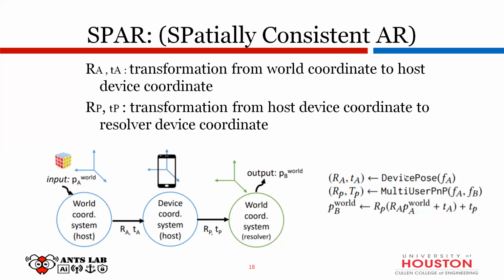But I want to further understand. Mathematically I can understand, but if you map TA to the real AR things, what's the meaning of that? Is there something unique in your host device, and TA is something unique in your resolver device?